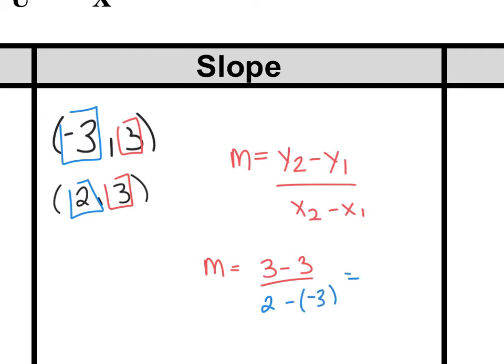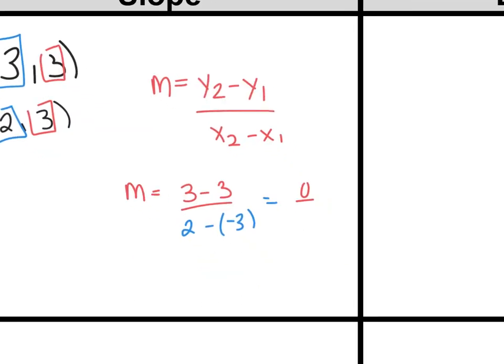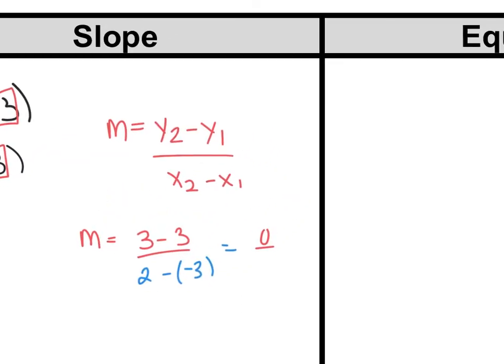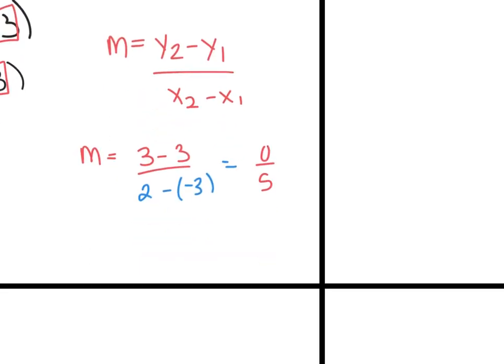When I do 3 minus 3, I get 0. When I do 2 minus -3, I get 2 plus 3, which is 5. 0 divided by anything is 0. So my slope is 0.